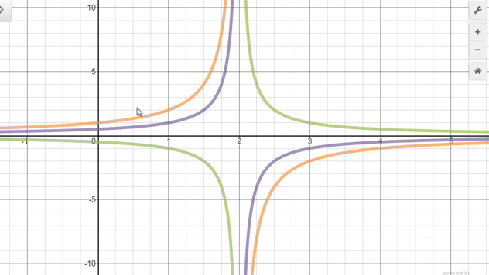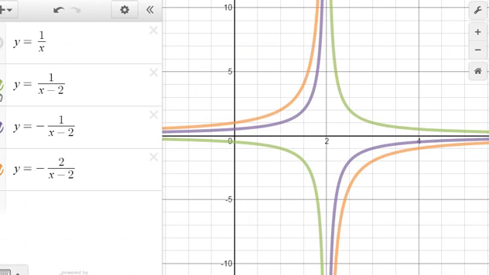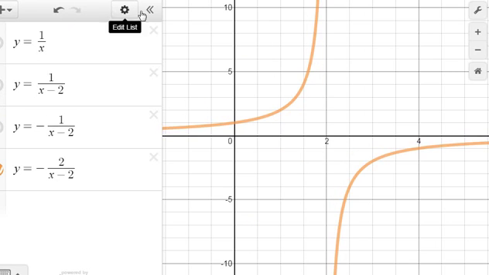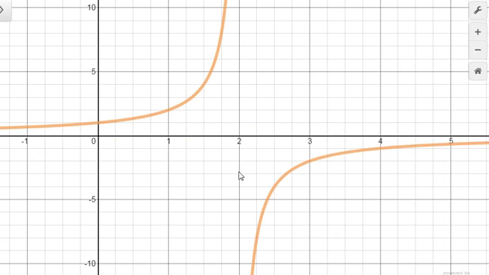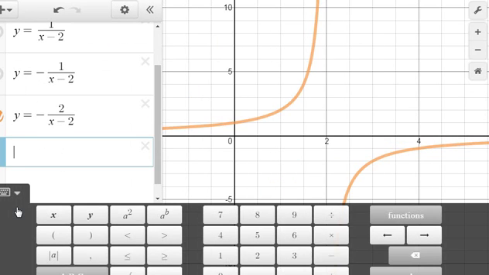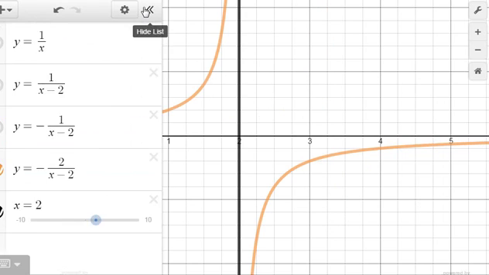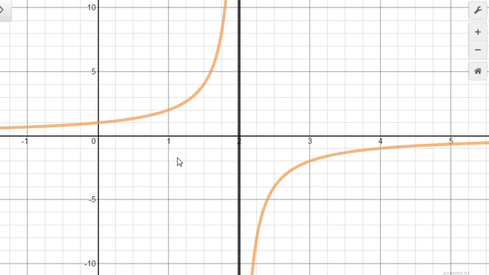What I want you to be able to find is exactly what we did find, and that is, first of all, the vertical asymptote, which is right here at x equals 2. So x equals 2 is your vertical asymptote. Do I have a horizontal asymptote for this graph? Does this graph kind of settle down and approach some number?